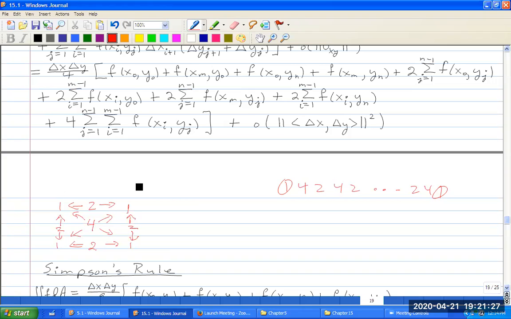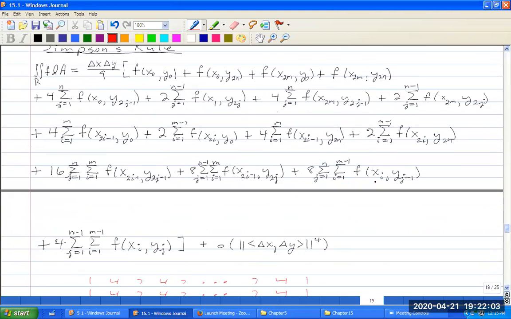The 4 corners of our rectangle will have a value of 1 in the trapezoidal rule, whereas the guys in the middle that are not on any of the sides will have a value of 4, and the guys on the sides that are not corners will have a value of 2. That's how the pattern goes. That's how you extend this.